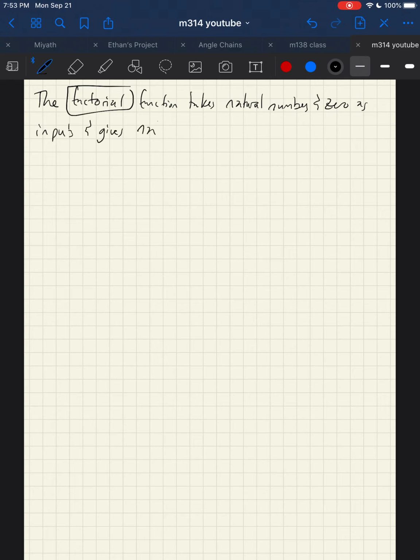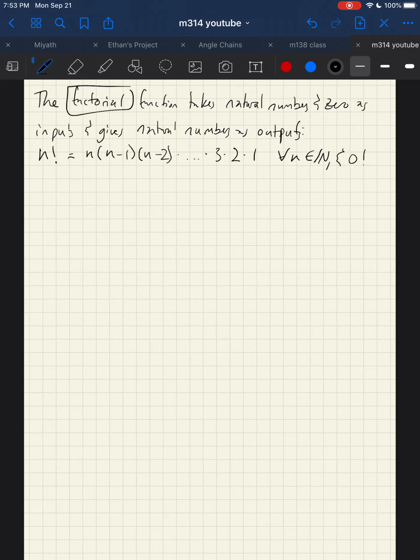And it gives natural numbers as outputs. It is given by n factorial equals n times n minus 1 times n minus 2 times ... times 3 times 2 times 1 for any natural number n, and 0 factorial equals 1.